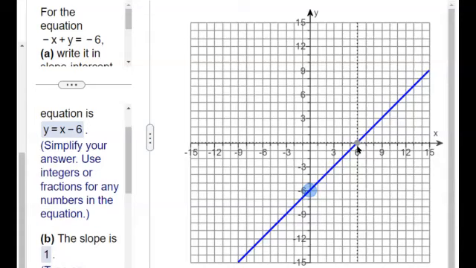My slope is 1. Now it would be tedious to go up 1 and over 1, but you can. Look, I'm doing it right now. I'm going up 1 and over 1. I could click that right there, and then that would be it. If I wanted to graph it by the intercepts, I could click this point. Look how it goes through all the corners of all the boxes. That's a slope 1 line.